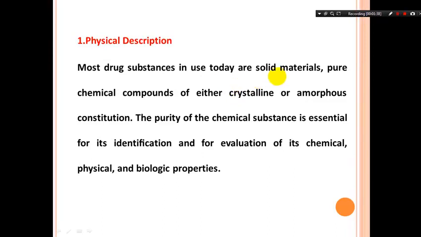Most materials, we know, are solid, either crystalline or amorphous. So this is important in the evaluation of its chemical, physical and biological properties.